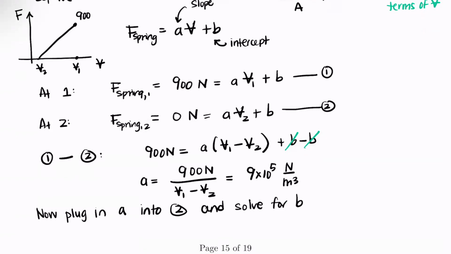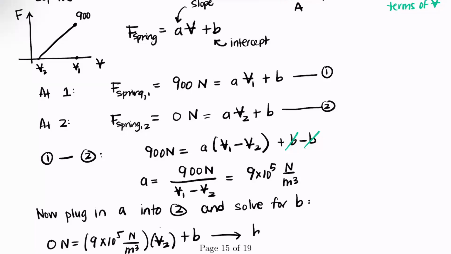for B. All right, so when we do that, we get that 0 newtons is equal to 9 times 10 to the 5th newtons per meter cubed times V2 plus B, which means that B is equal to minus 1.8 times 10 to the 3 newtons.